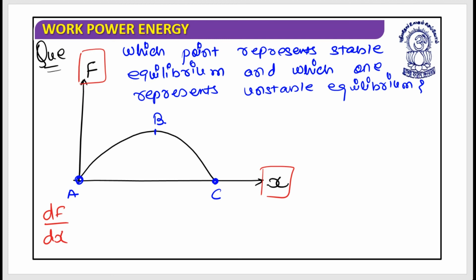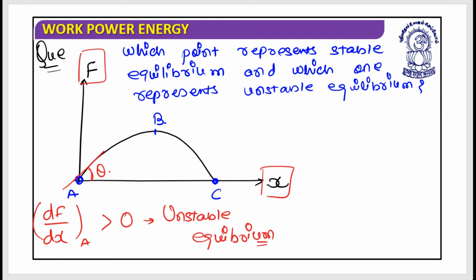At A, this angle is acute, and that's why its slope is greater than 0. And when df by dx is greater than 0, this represents the unstable equilibrium. It is as simple as that.